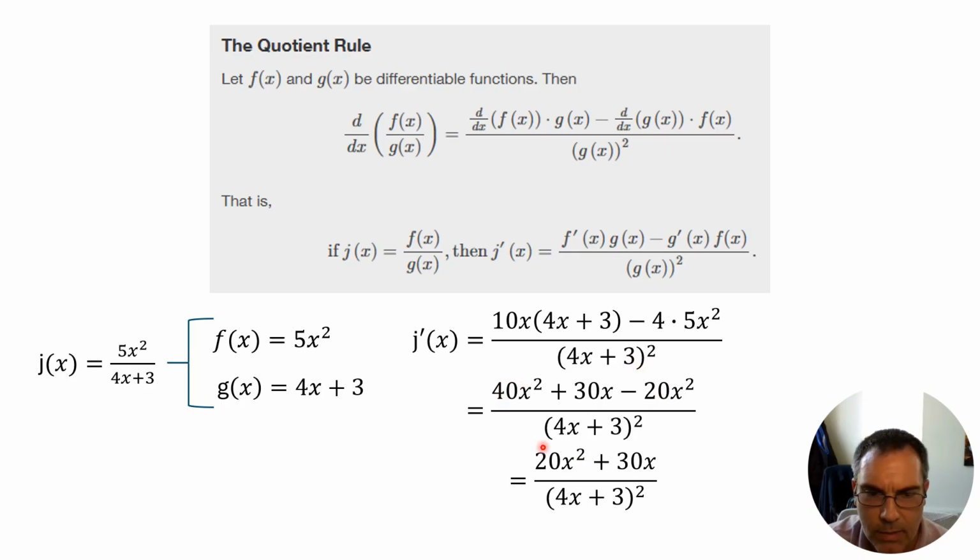That's going to simplify to 20x squared. 30x stays 30x. And this is our answer for the derivative of this function. There may be other simplification we can do here. I haven't looked at this one much deeper, but this is essentially the answer. We have a formula now for the derivative of j using this quotient rule.